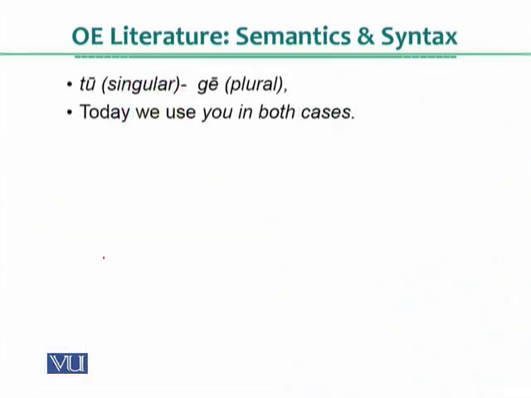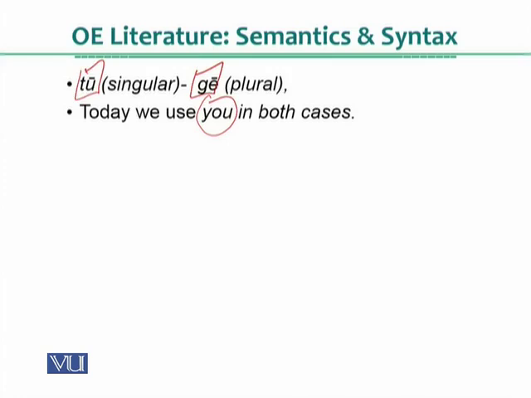Well, one of the most distinctive features that I want to talk about of Old English literature, and for that matter of Old English language as it was exhibited in literature, was the use of thou, thee and ye, you, that we nowadays use as you. Please compare these two forms.